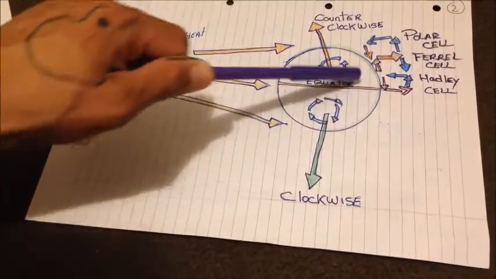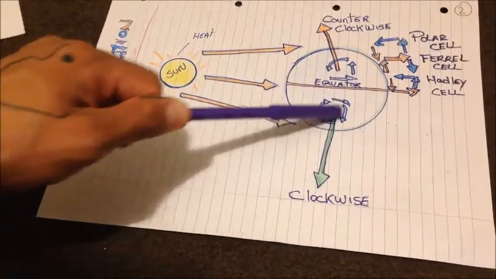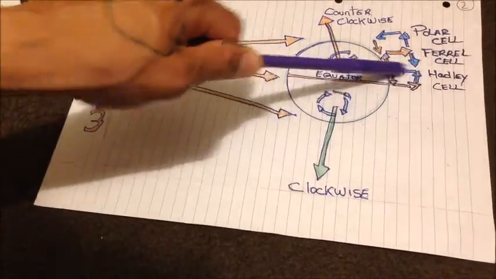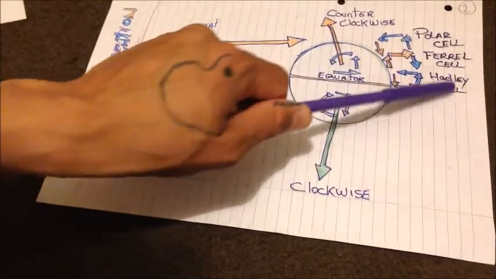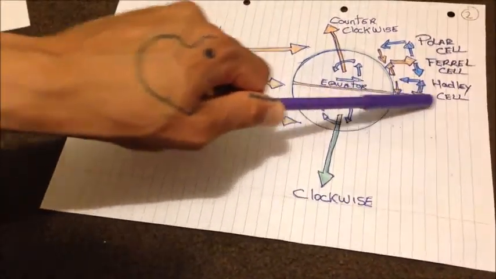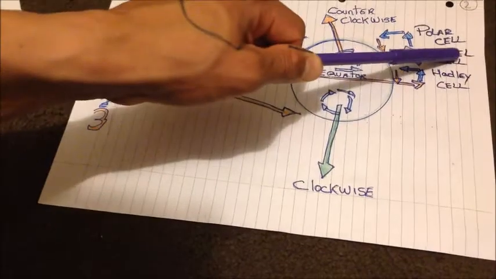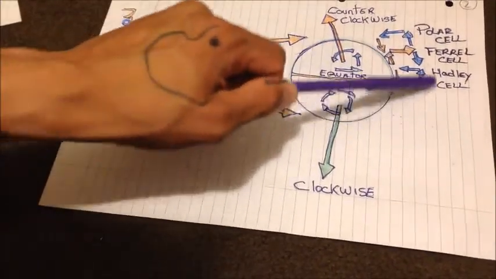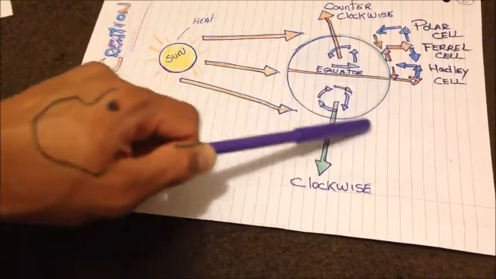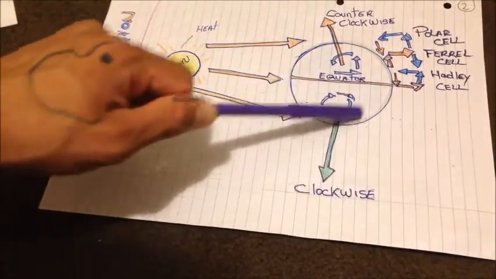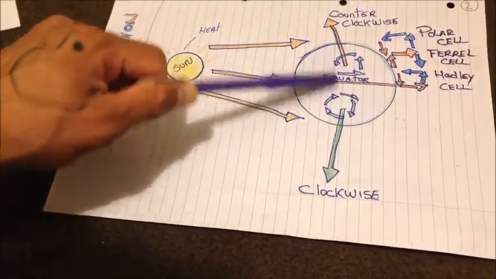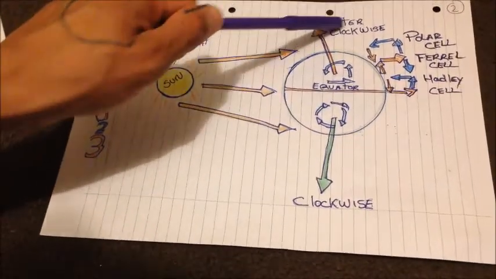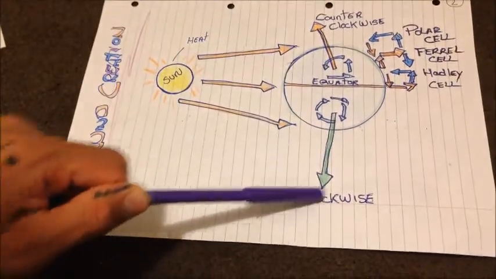When creating the high pressure and low pressure, with pressure going up and going down, it starts creating the Hadley cells. The Hadley cells are followed by the Ferrel cells and the polar cells, and this is all created by the movement of the air. The movement of the air is affected by the Coriolis effect, and it can go clockwise and counterclockwise.